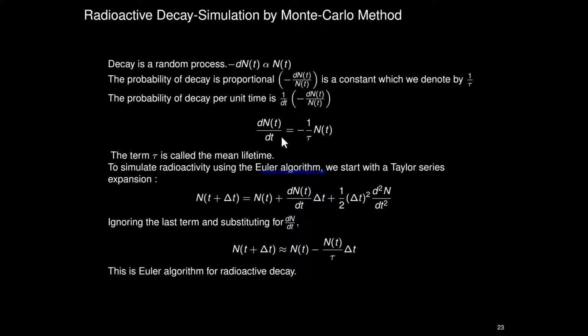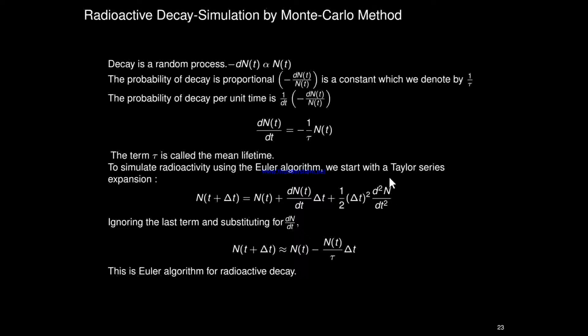We are going to solve this equation, which is the simulation. We are finding the number of nuclei at any instant of time by using Euler's method. Euler's method you already know, but even then, now only to estimate the error in this calculation, we expand this function using the Taylor series expansion: N at t plus delta t is equal to N at t plus the derivative of the function at t times delta t plus delta t whole square times the second derivative divided by 2 factorial, and so on.